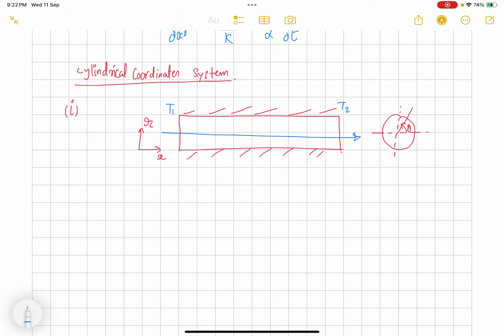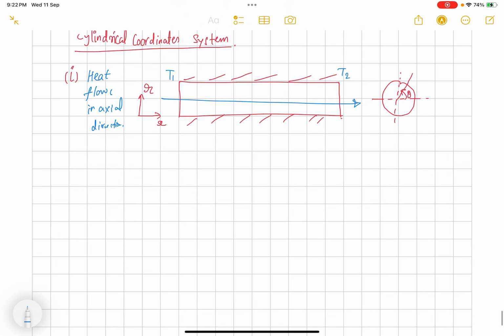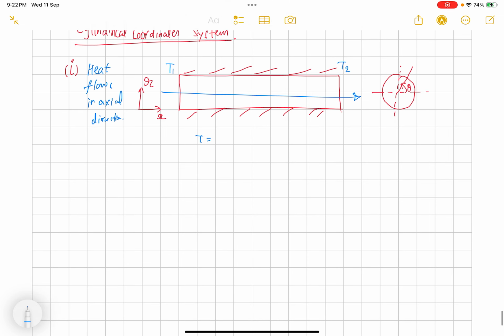So the first case in the cylindrical coordinate system is heat flowing in the axial direction. For that case, temperature will be a function of x and time, and since the heat is flowing in the x direction, and in the x direction the area is constant at every location.